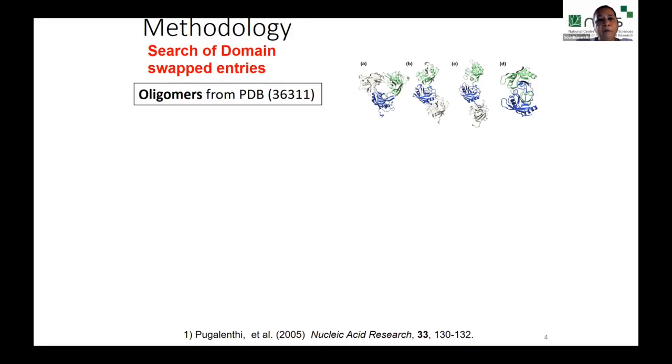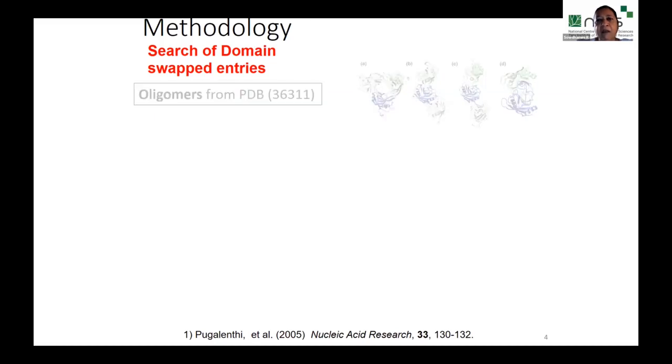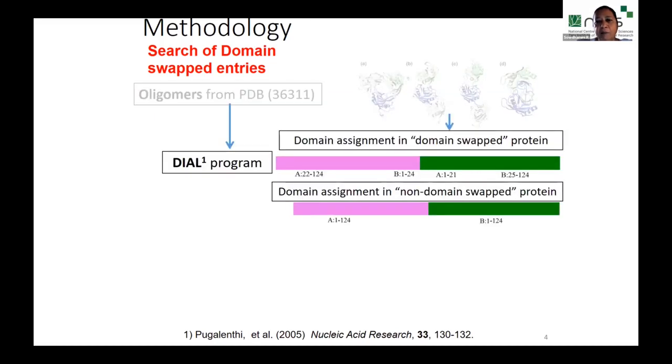So when we were applying DIAL on all the PDB entries and creating the domain database, there were an appreciable number of examples where multiple chains, more than one chain together, form one domain, as opposed to the cases where one domain is from A chain and another domain is from B chain. You will find that both A and B constitute a domain. And that's how one can begin to accumulate possible domain swapped entries.